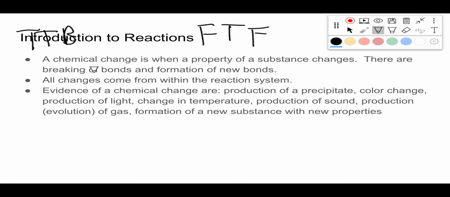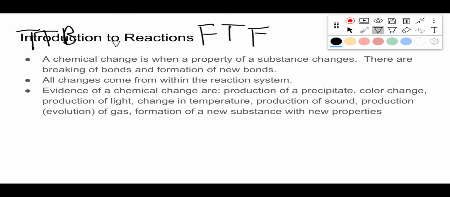So for breaking bonds, it's going to take energy to be able to break. To form bonds, it frees energy out. And later on, we'll talk about how that affects the overall reaction on if it's an endothermic or exothermic reaction.